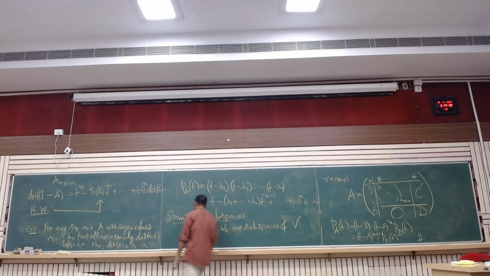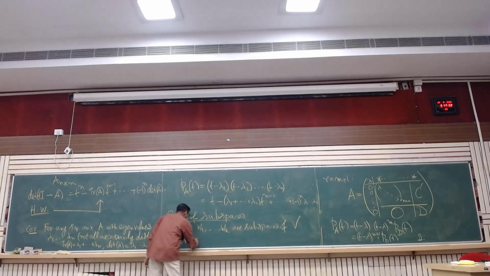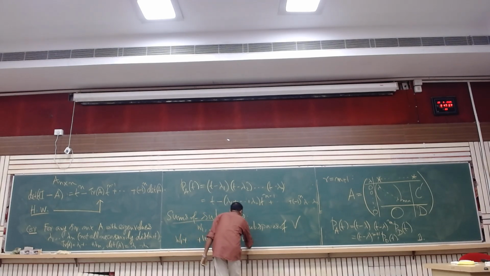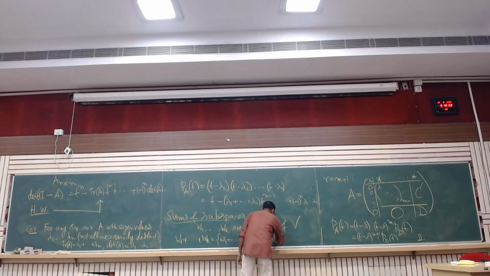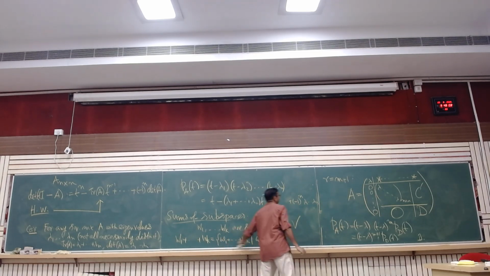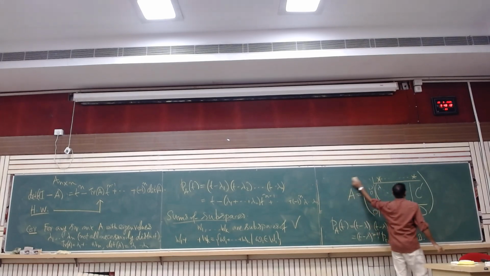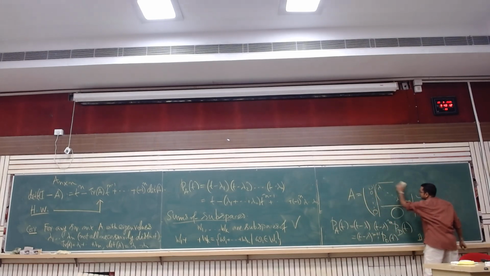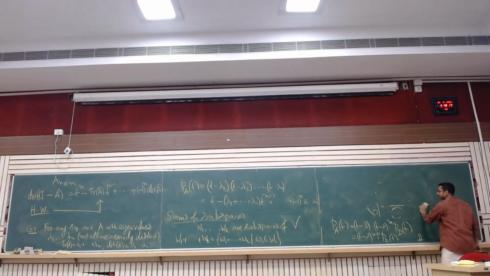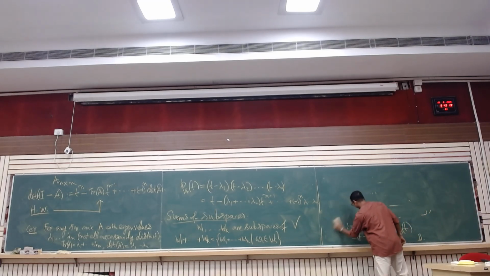We define their sum as the expressions of this form w1 plus dot dot dot plus wk, small w1 dot dot wk, such that small wi is in capital Wi. That's a straightforward definition, and it is easy to check that given a set of subspaces, their sum is again a subspace of V. Okay.